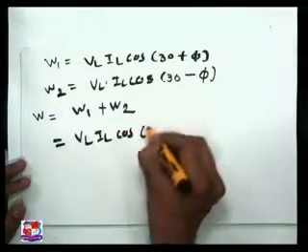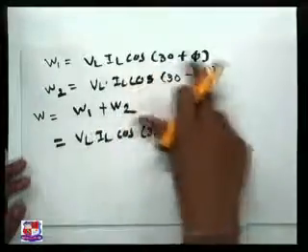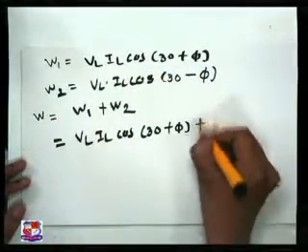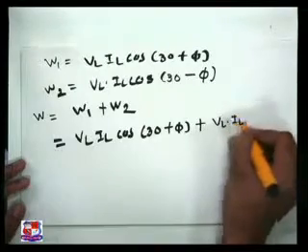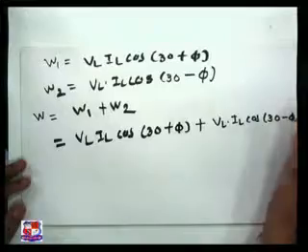2 wattmeter readings. So W1 plus W2 is equal to VL into IL cos(30 + φ) plus VL into IL cos(30 − φ).